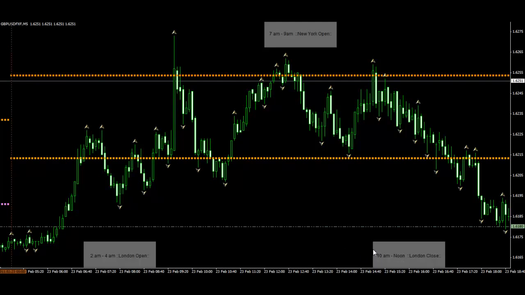And all we're doing is imagining, without having to draw vertical lines, right from the edge of this box up, and as well for here. So we're blocking in an area in terms of time for a session. Same thing in here. We just imagine a vertical line straight down from this edge of this box. Same here.